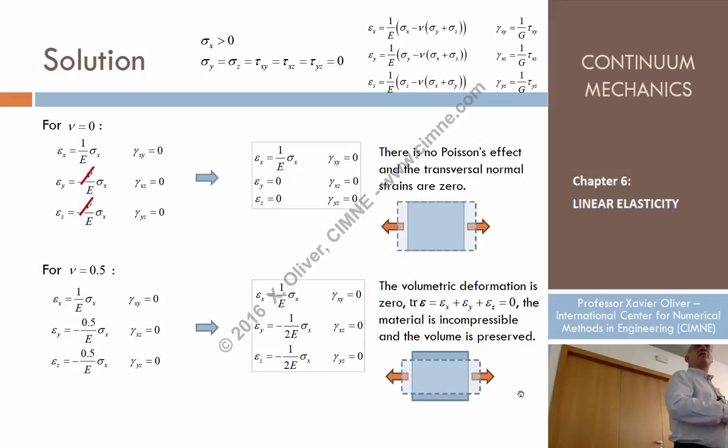So E plays a fundamental role in the stiffness of the material. And nu, the Poisson ratio, plays a role in the volume change of the material. To the point that for nu equals 0, there is no shrinkage of the cross-section. For nu equal 0.5, we will see now that this is a limit case, the material behaves as incompressible. Okay?